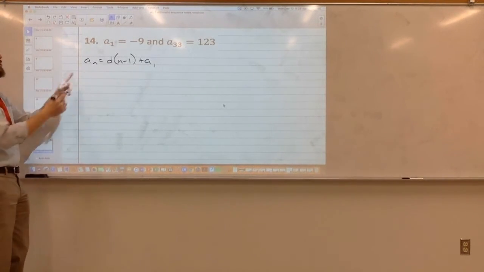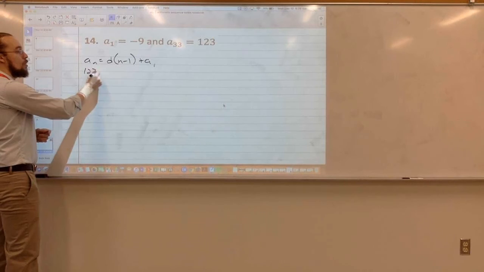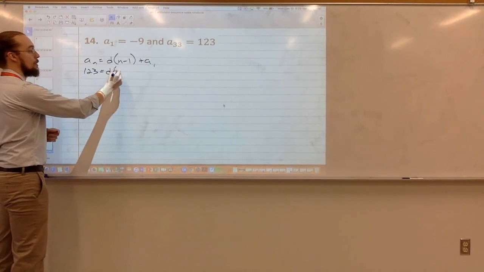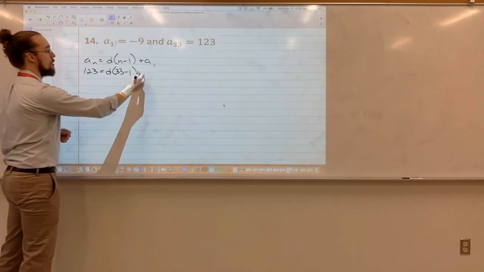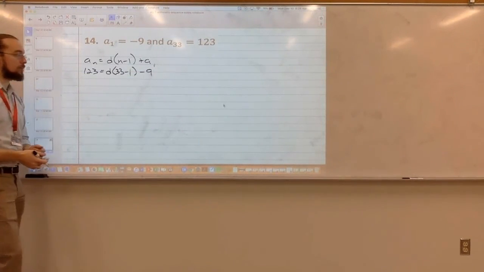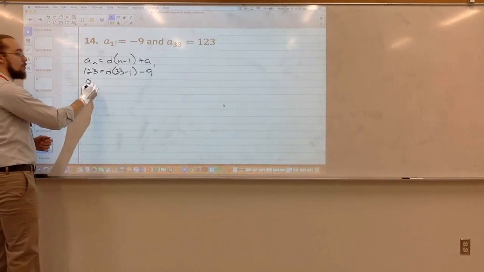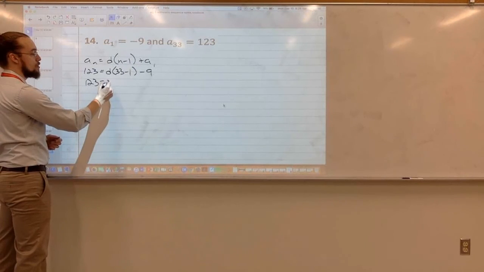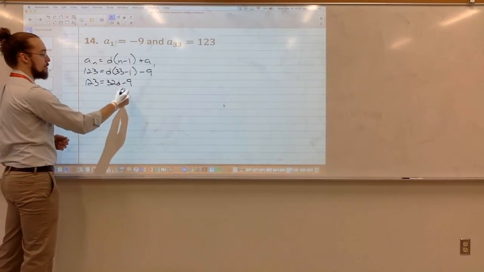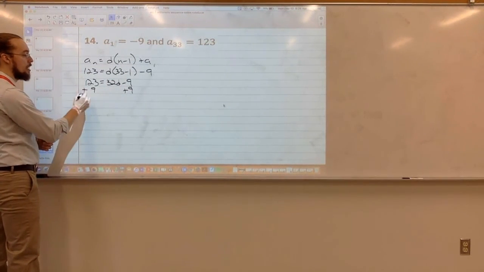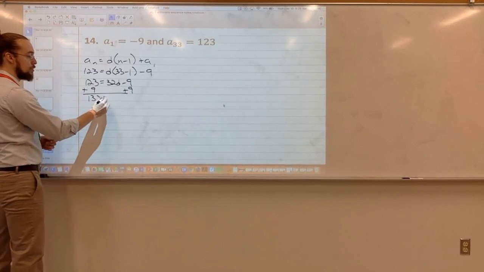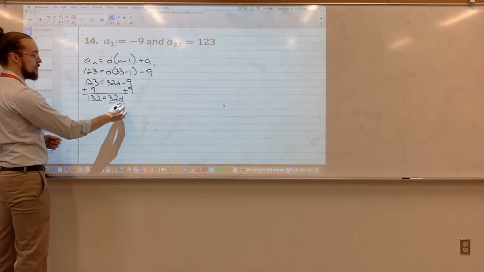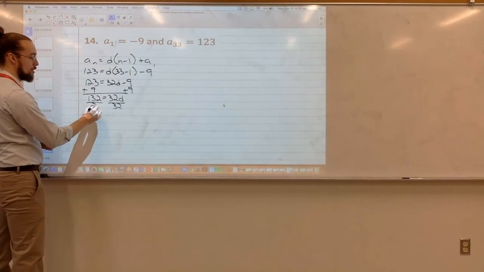on this one, my a sub n would be 123, my n is 33, and my a sub 1 is negative 9. So I get 123 equals 32d minus 9, add 9. 132 equals 32d, divide both sides by 32.